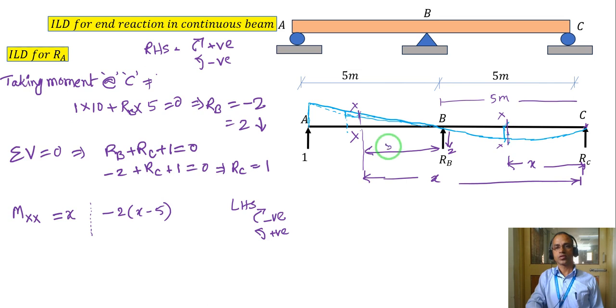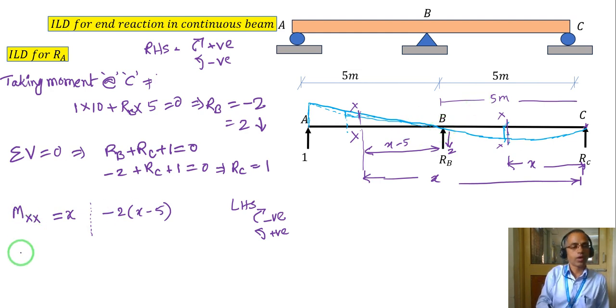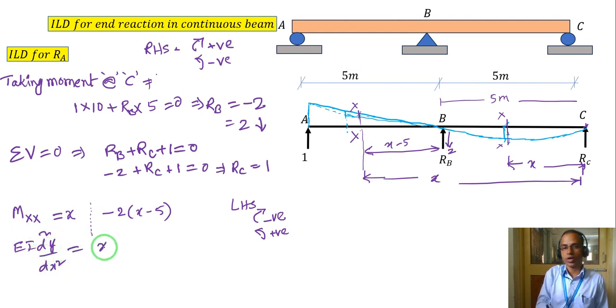So this is X minus 5, and this is clockwise, so negative. So this becomes the total moment at both sections. So now, M x means EI d square y by dx square is equal to x minus 2 of x minus 5.